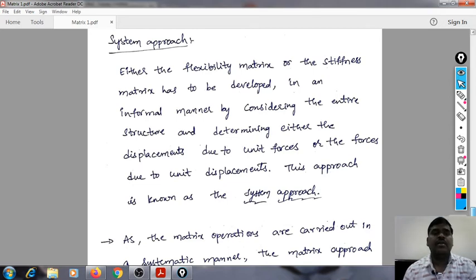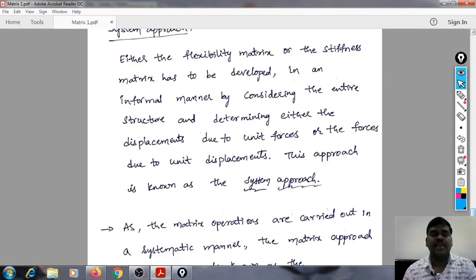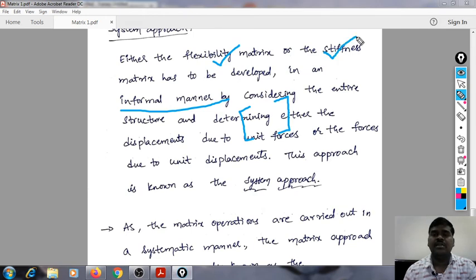Coming to that, a flexibility or stiffness matrix has to be developed in an informal manner by considering the entire structure and determining either the displacement due to unit forces or the forces due to unit displacement. In an informal manner, one can develop a matrix directly, either a flexibility matrix or a stiffness matrix.